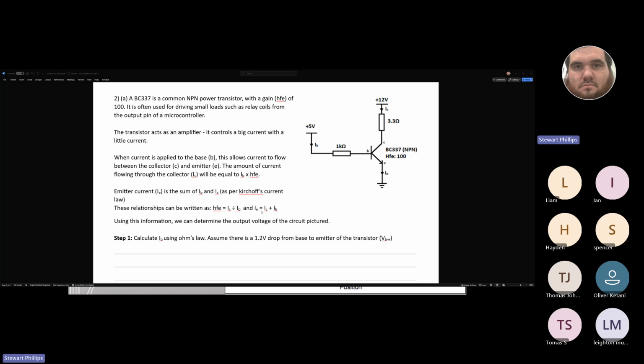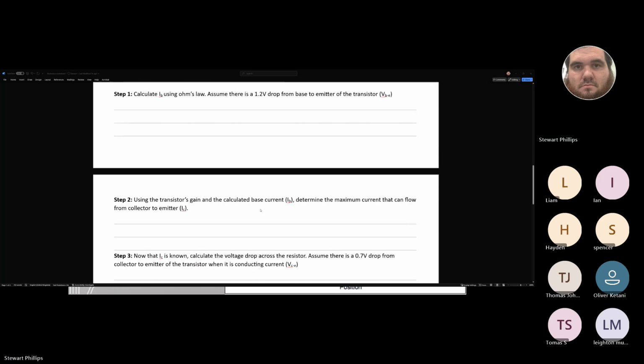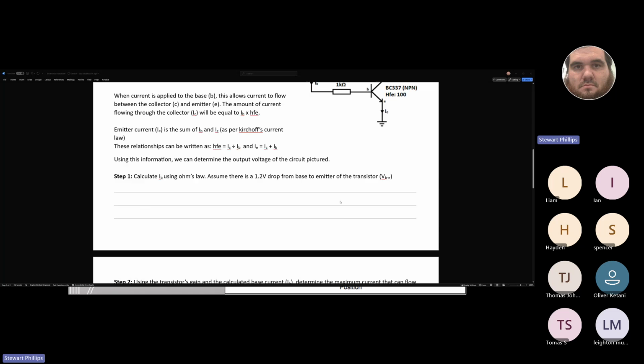And IE is equal to IC plus IB. IC, what is the current that can flow from collector to emitter? IC.